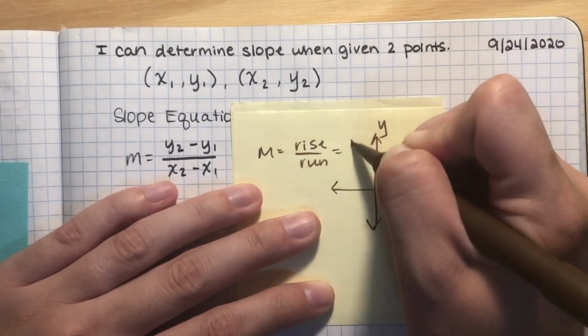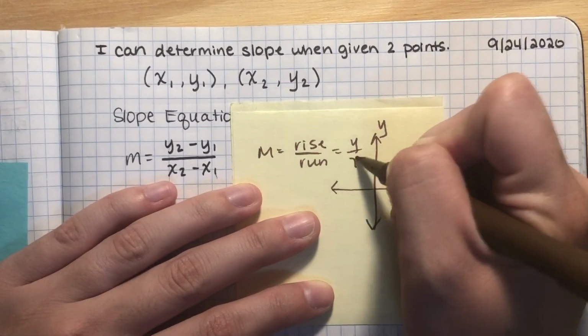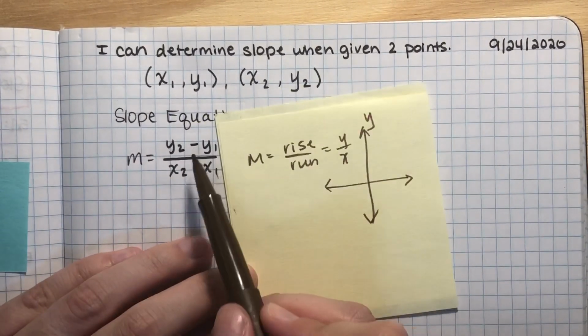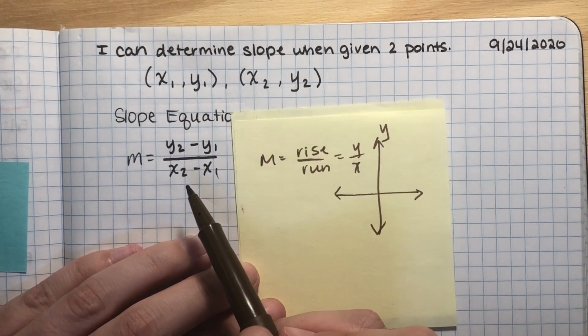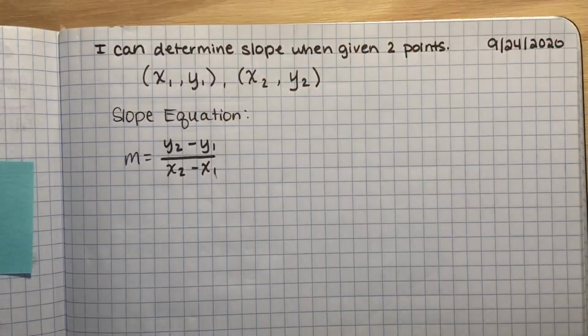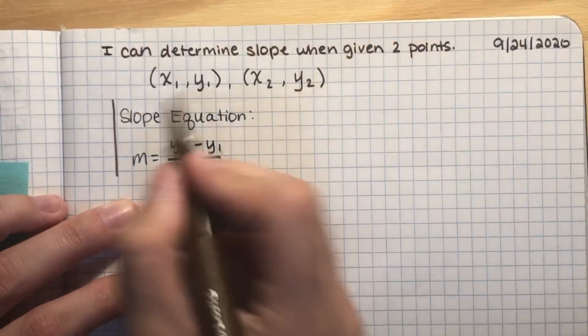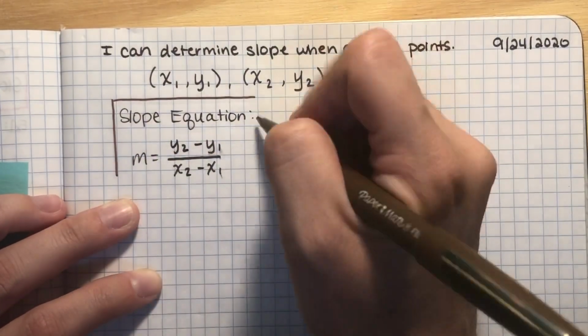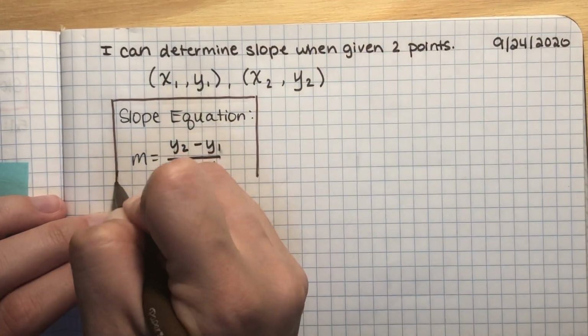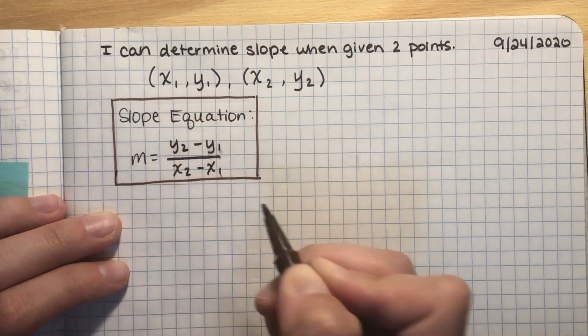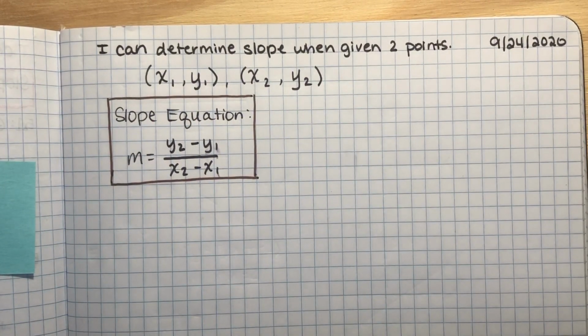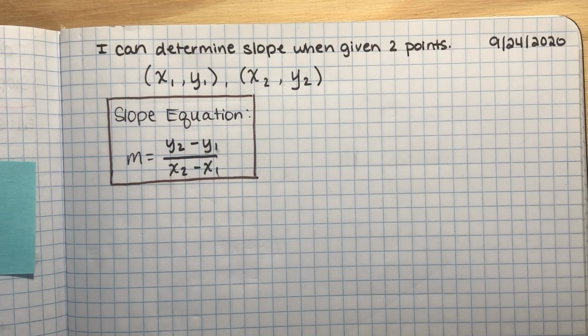Y is our rise, x is our run, hence why y is on the top and x is on the bottom. Let me somehow make this stand out here. I'm going to have you also make it stand out somehow in your notes. And let's go through an example.